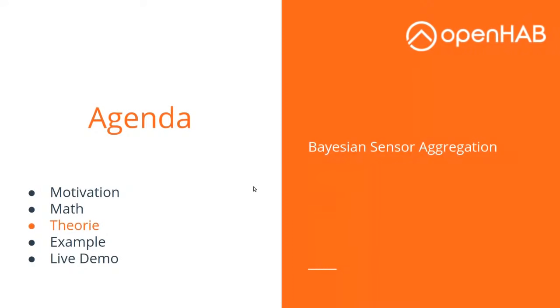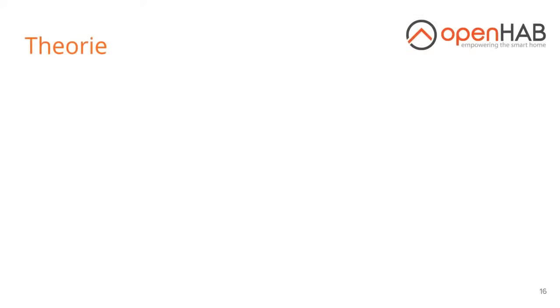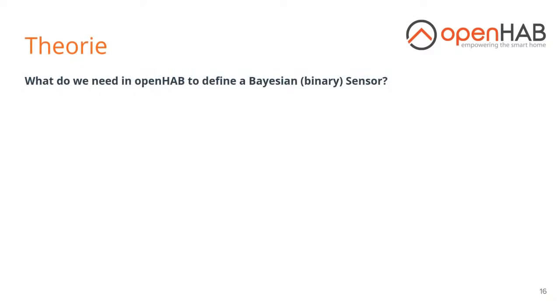All right, the theory. How will I map all this stuff into openHAB? First of all, we need a rule for doing the math, which calculates our probability. We need several items, including metadata for the items, which will be used in the rule.